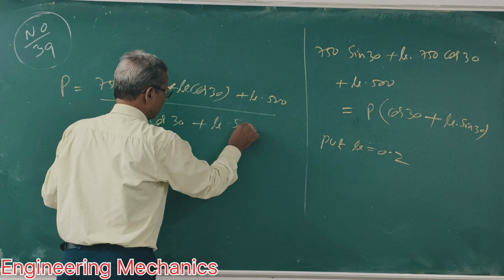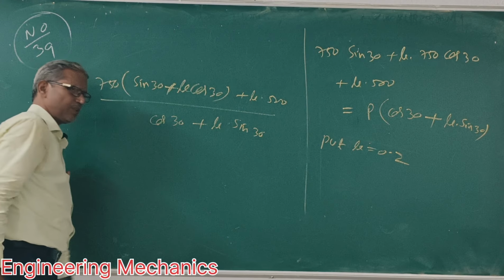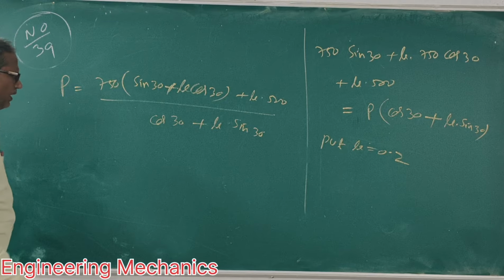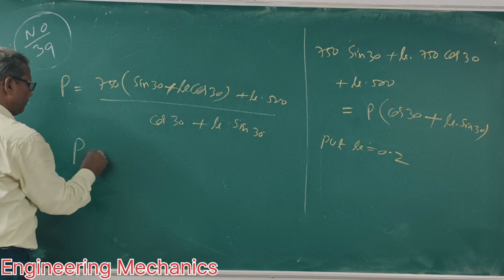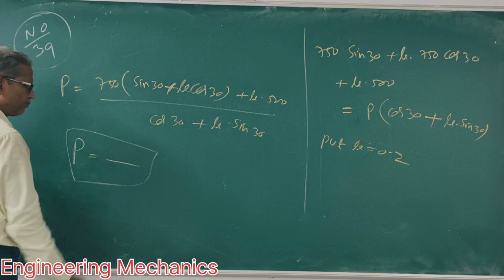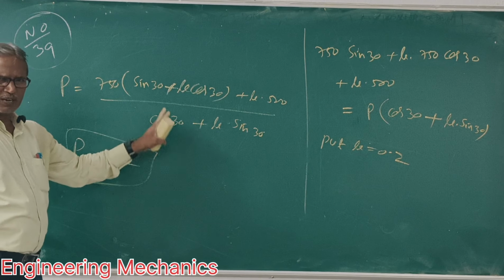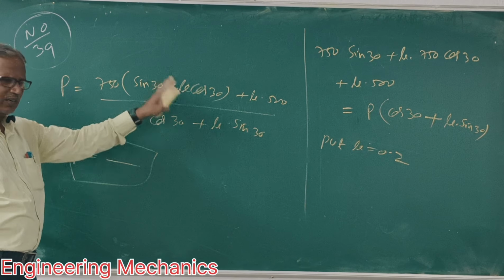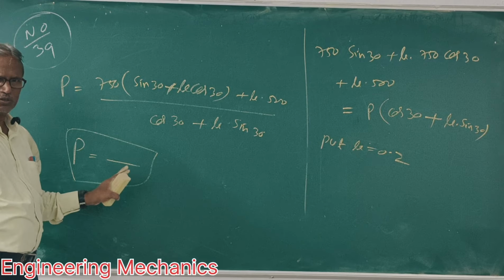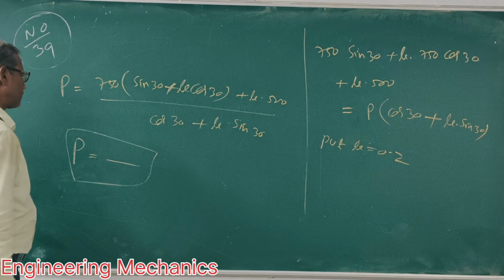Clear? Make calculation and find the answer P. Put mu 0.2 and use a calculator and find P, you can get the answer. Clear? Next question.